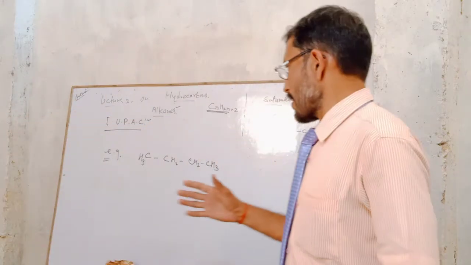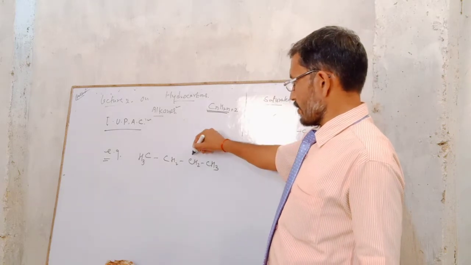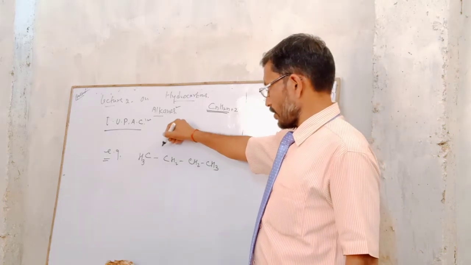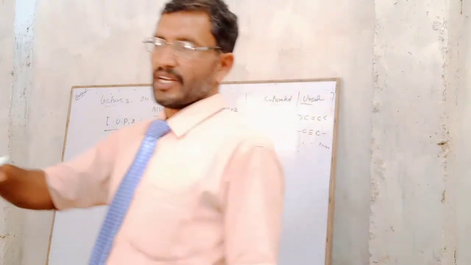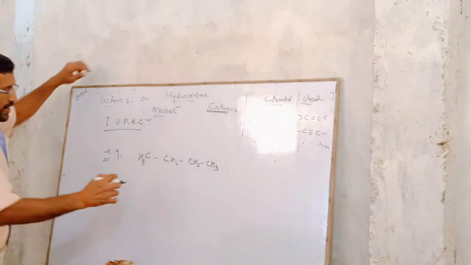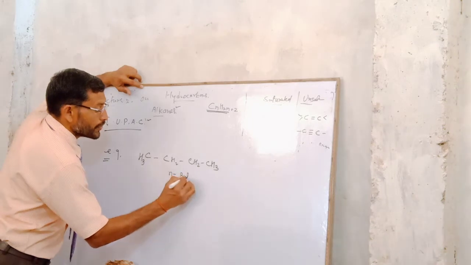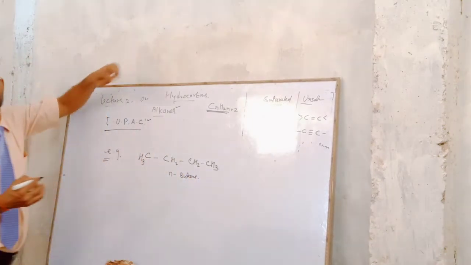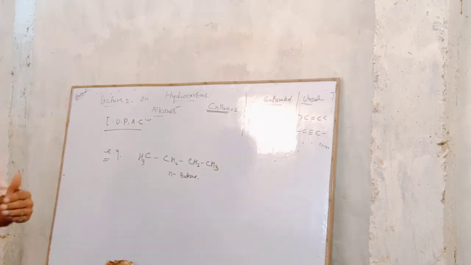Anybody? See how many carbons are there? 1, 2, 3, 4. So how many? 4. That is but, and the suffix is -ane. So can I say this is normal butane? Normal why? There is no branching.